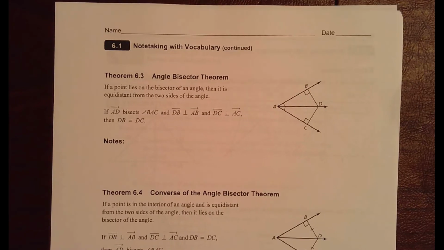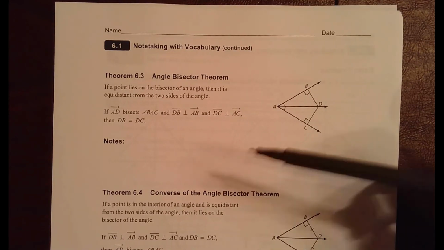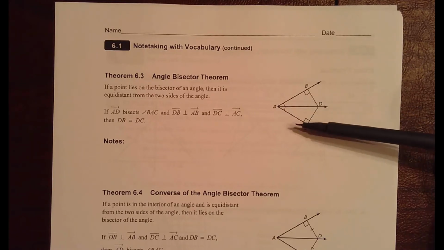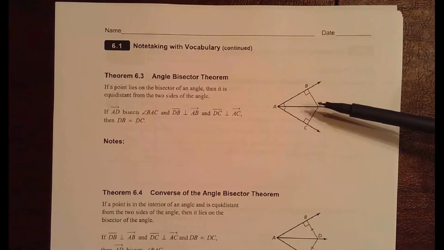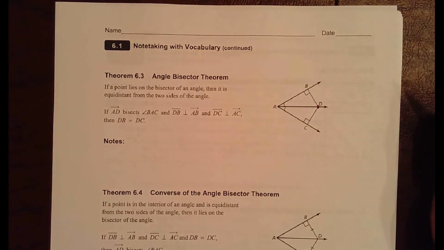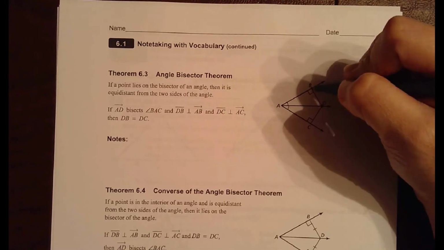Angle bisector theorem, similar. Again, remember, an angle bisector basically bisects an angle, right? Cuts it in 2 equal parts. So if a point lies on the bisector of an angle, then it is equal distance from the 2 sides of the angle. So let's pick point D, for example. It lies on the angle bisector of this angle. Then it is equidistant from both sides of that angle.